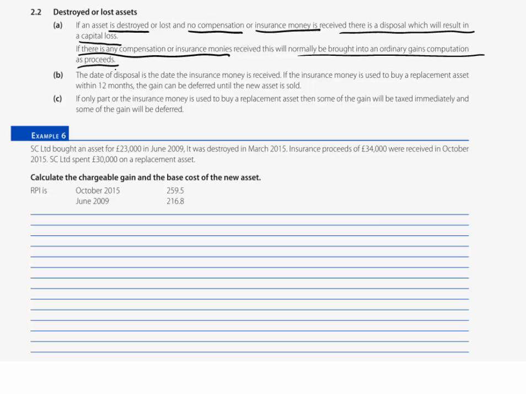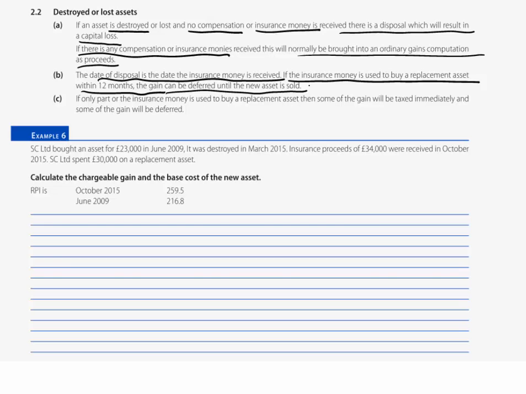Now, as we saw a moment ago in the previous example, the date of any disposal here is the date the insurance money is received, not when the asset was lost or destroyed. If the insurance money is used to buy a replacement asset within 12 months, so that's your time limit, the gain can be deferred until the new asset is sold.